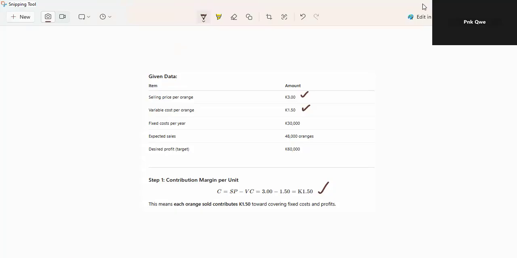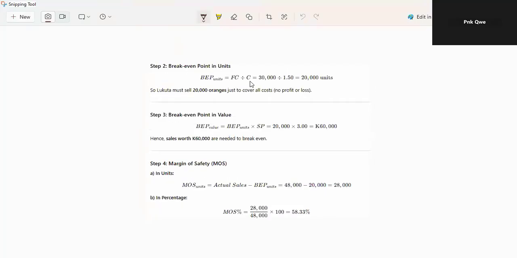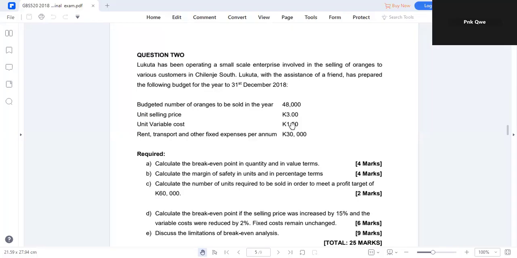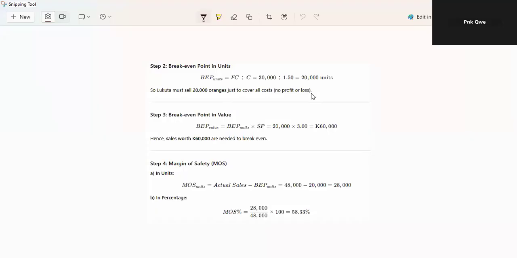So for the break-even point in units, we simply divide the fixed cost by the contribution that we just calculated. Okay, and what was our fixed cost? Our fixed cost, according to our question, is 30,000. So 30,000 divided by 1.5 is what we get as our break-even point in units.